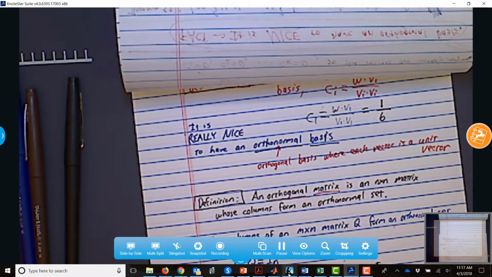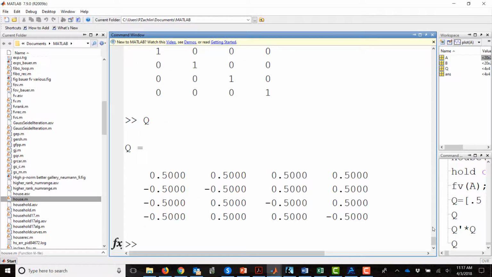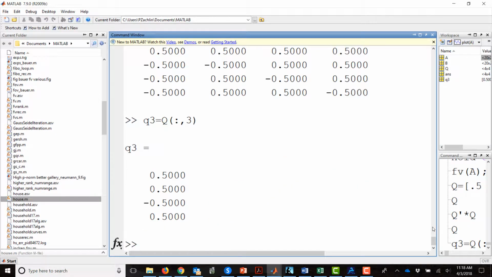We'll go to MATLAB, and let me look at Q again. Let's say that Q3 equals Q, with a colon, which gives me every row, and column 3. Do you see how it just picked out column 3?